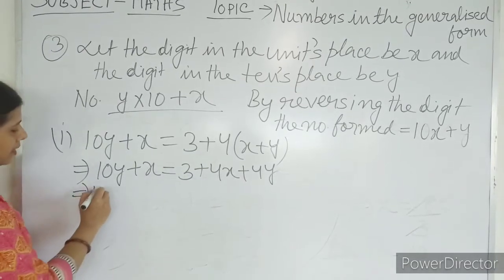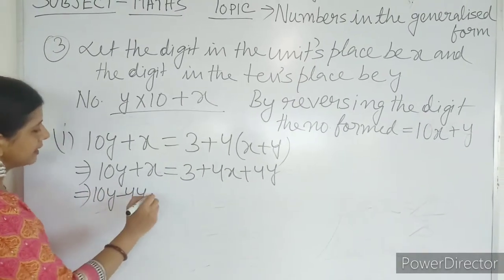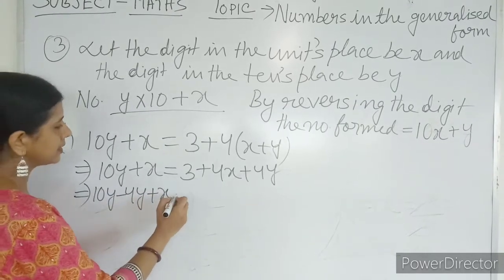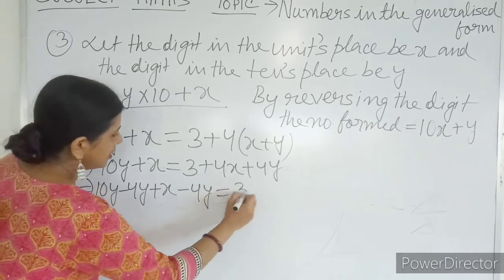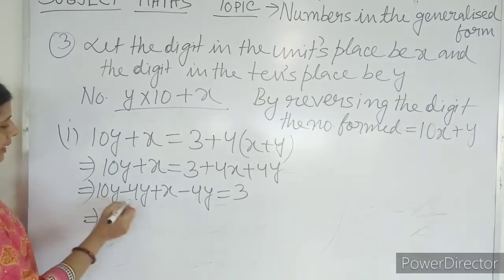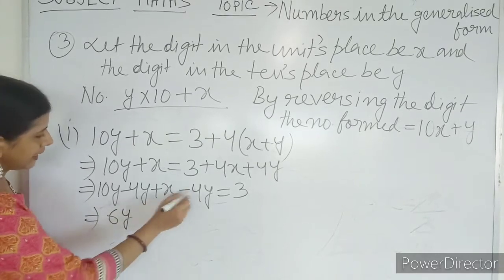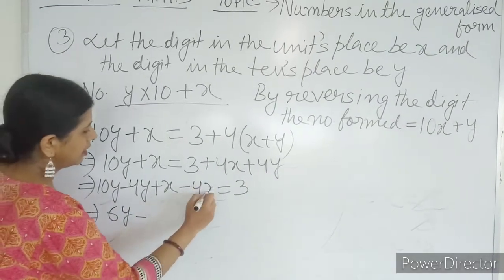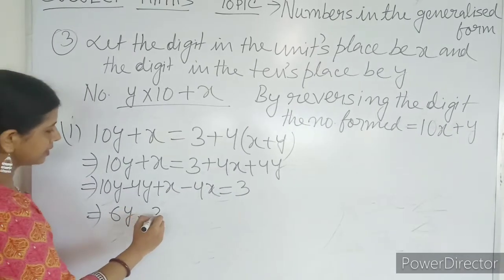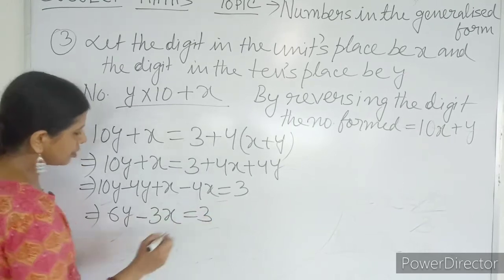Now I will bring the algebraic expressions to one side and the number to the other side. So what I am getting? 10 minus 4 is 6y. x minus 4x means minus 3x, that is equal to 3.